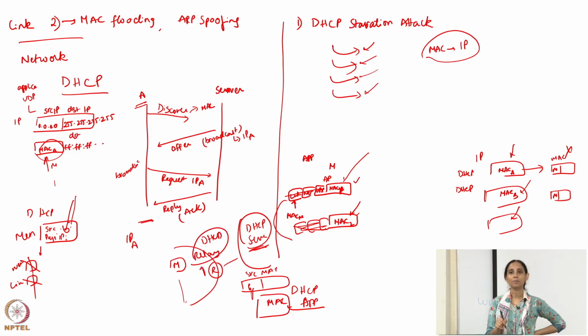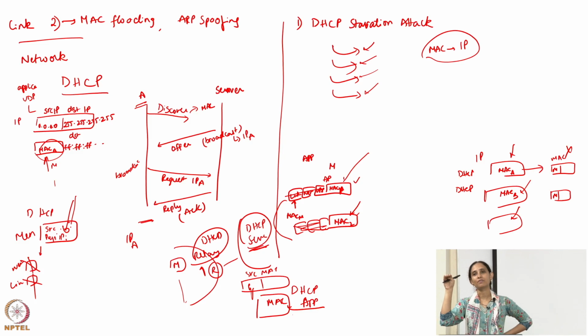Okay, this DHCP relay can actually see the link layer header, and it will take note if there is a mismatch between the link layer header and the MAC address specified inside the payload, and that relay will drop those packets. So that is the solution that is currently done.